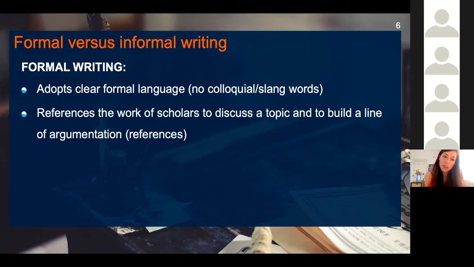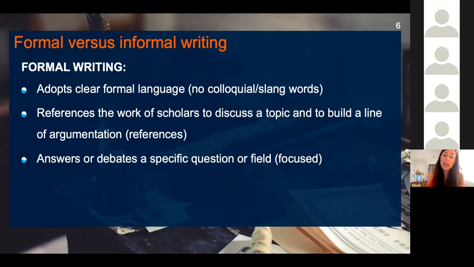As I said, it references the work of scholars to discuss a topic and to build a line of argumentation. So basically you need to have references for each key point you are making. Otherwise, it is not scholarly sound, and that is not appropriate for an MSc dissertation. You need to reference.